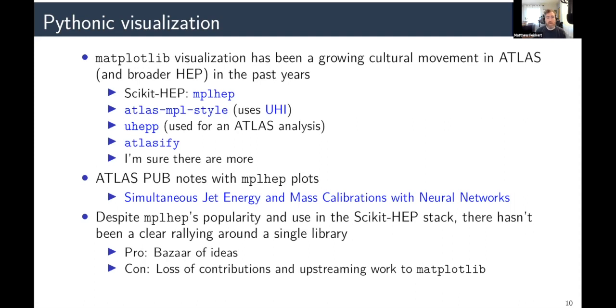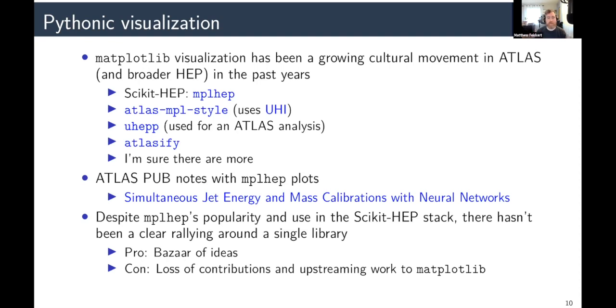And so perhaps most well-known and notable is the Scikit-HEP project mplhep, which people on ATLAS have contributed the necessary components to, to try and make it as easy as possible to get a 95% or higher passing ATLAS style setup.